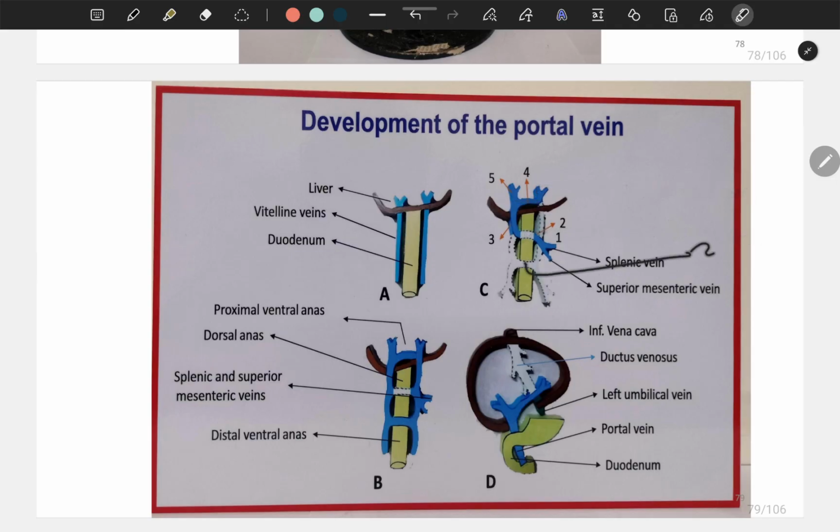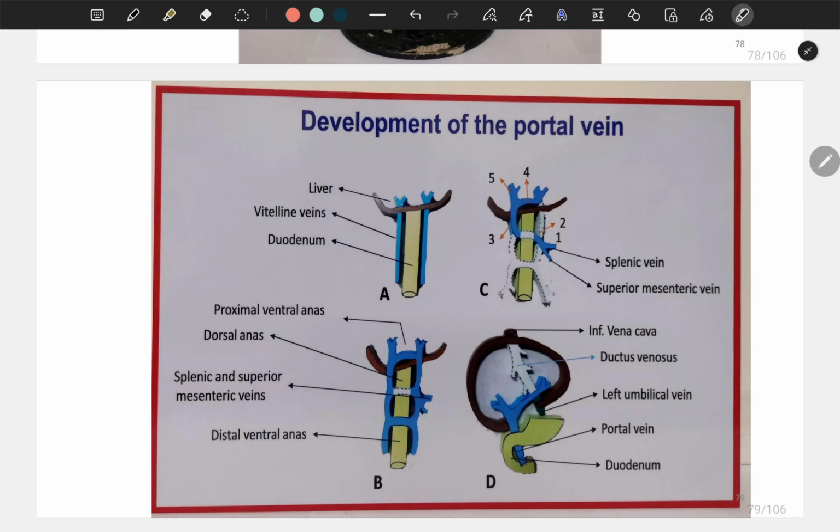And last, this is called caudal ventral anastomosis. Okay, now here in the middle dorsal anastomosis, you can see splenic vein, and from here there will be formation of superior mesenteric vein. These both join to form portal vein.